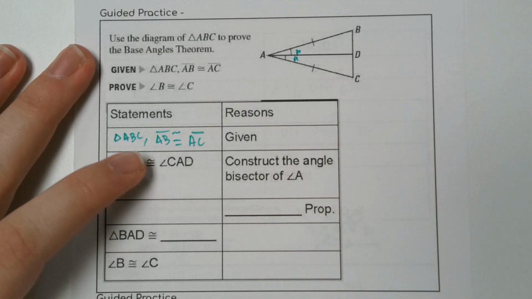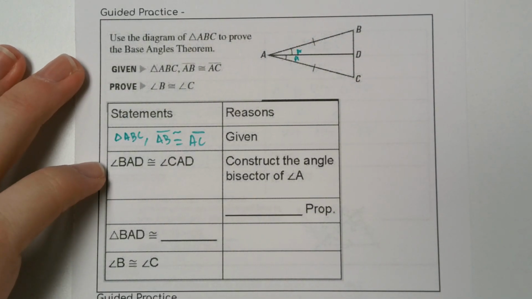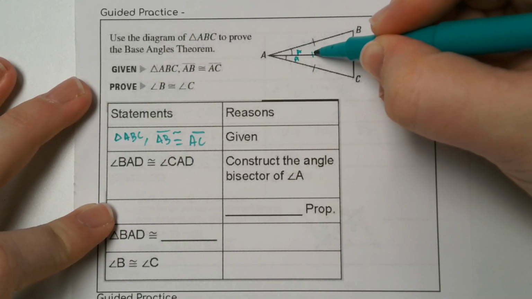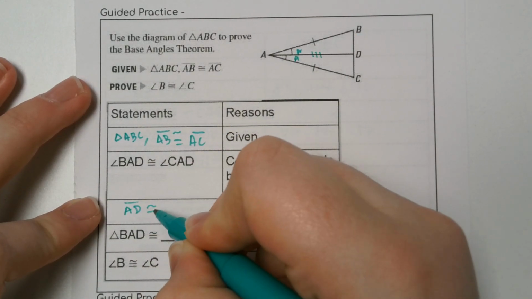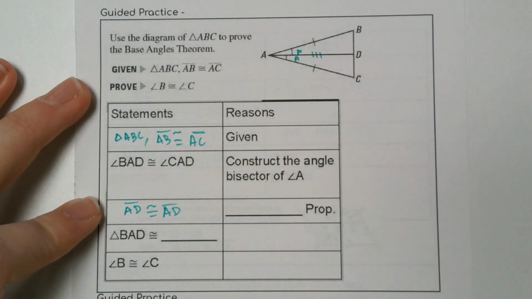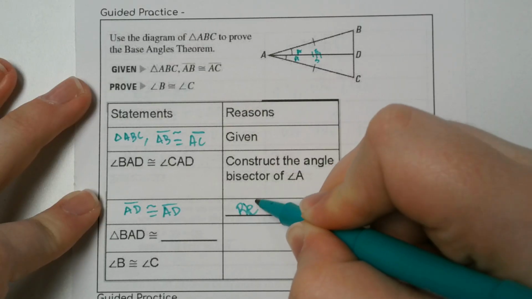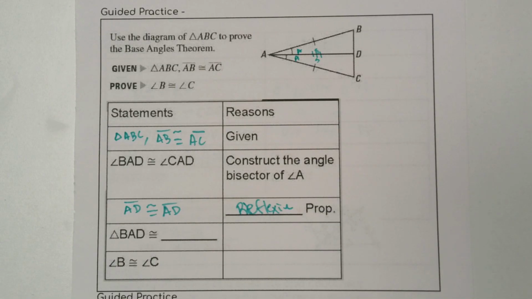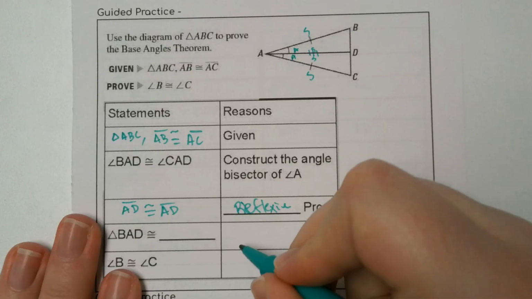Remember, bisect means to split into two equal parts. So since that angle is bisected, it's split into two equal parts. Okay, then on this one, we can say that side AD is congruent to side AD because of what property? Reflexive. Reflexive property. Okay, this spells out SAS.